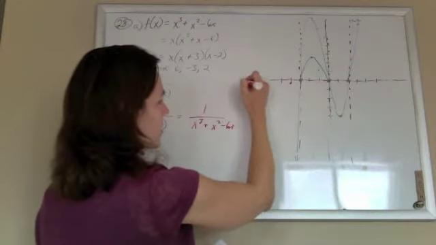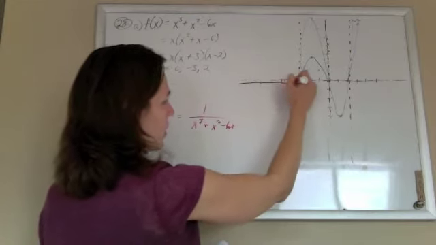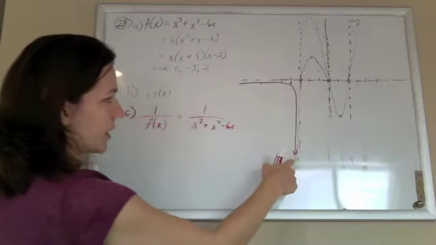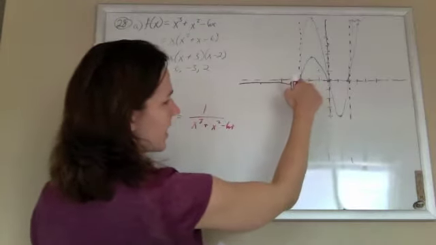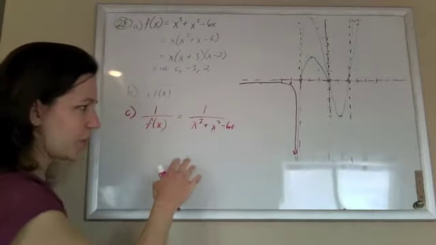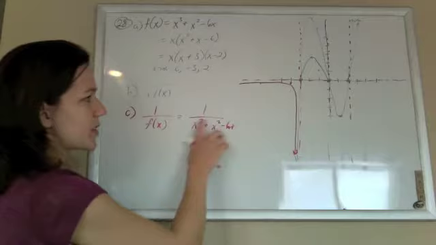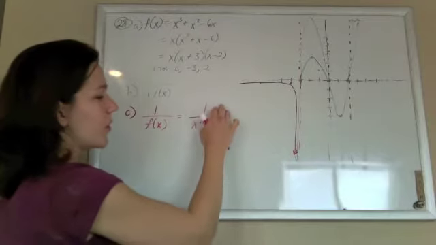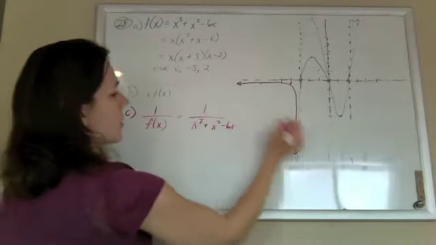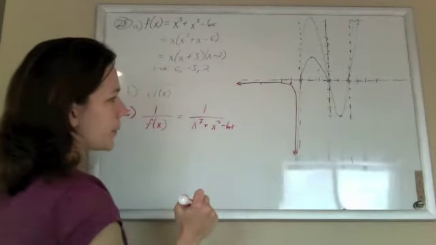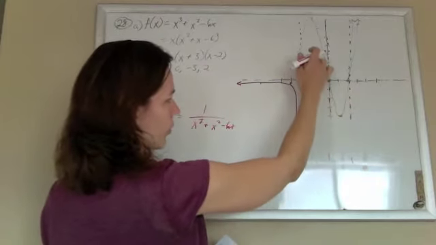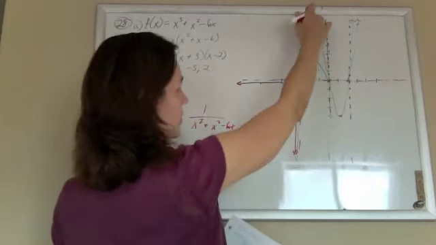So what this is going to do, this part here is going to go down and follow that asymptote down to -infinity. Because if I put in like -3.5, you'll see you're going to get a 1 over a very small number, and 1 over a very small number is going to become very big. So there's that part. This part here is fairly straightforward. You're just taking 1 over all the y values of the original.